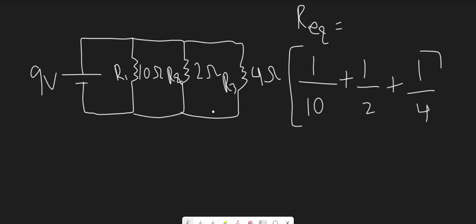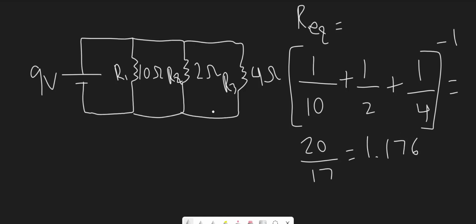Once we have the sum of those, we just want to take the inverse of them, and if you type that into your calculator, you should get 20 over 17, which is going to come out to be approximately 1.176. I'll round to the nearest 3 decimal places just to have some precision. So that's our equivalent resistance value for all 3 of these resistors.